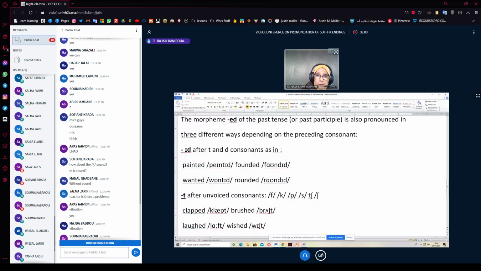Then we have another pronunciation of the -ed past tense morpheme, which is t. Where? After unvoiced or voiceless consonants. So we have voiceless consonants like f, k, p, s, ch, and sh. If I read these words here, I can say clapped. You see the transcription here: we have p and t. Brushed: we have sh and t.